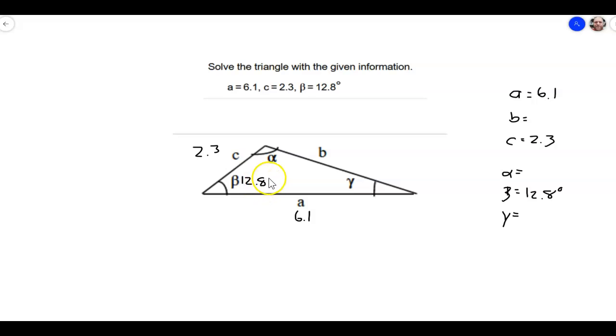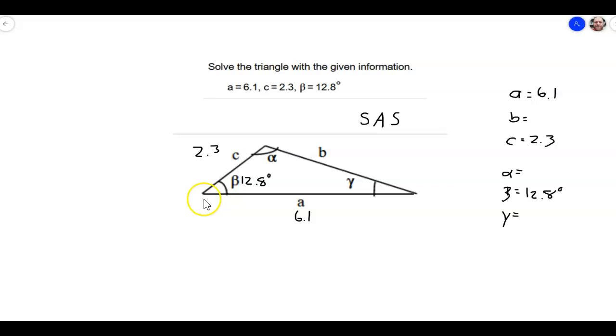12.8 degrees. Now notice that I have 2 sides and an angle between those 2 sides. So this is called a side angle side triangle. That means I have 2 sides with an angle in between.